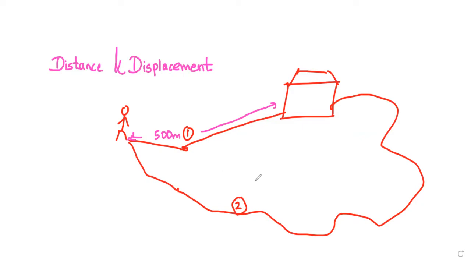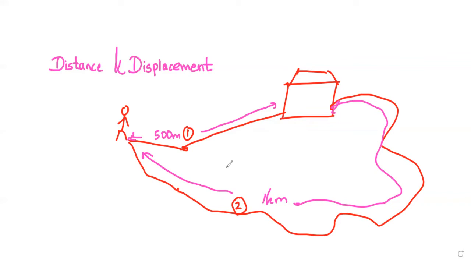The next day, you plan to go on a long route so you can meet your friend. So here you are going to go on the second path. The road's total length is 1 kilometer. So the distance you travel on the second day is going to be 1 kilometer.